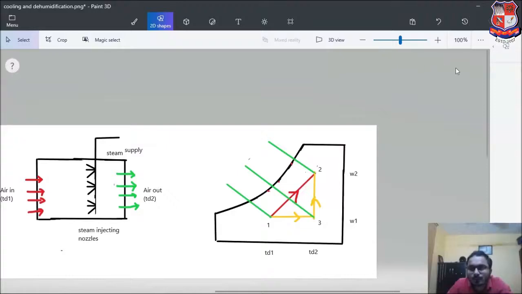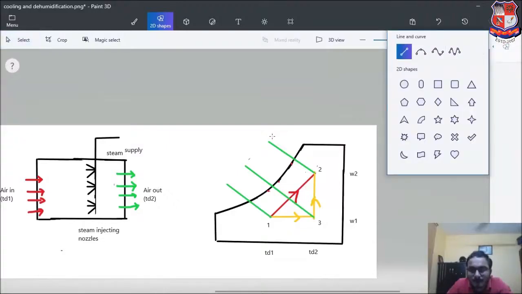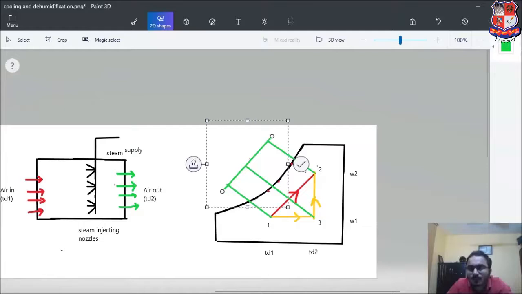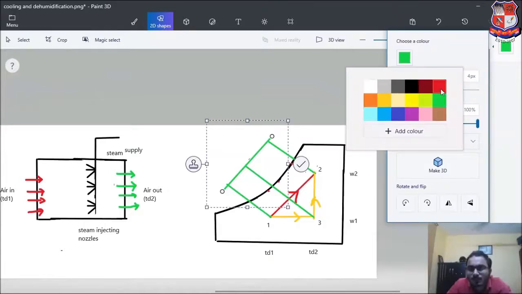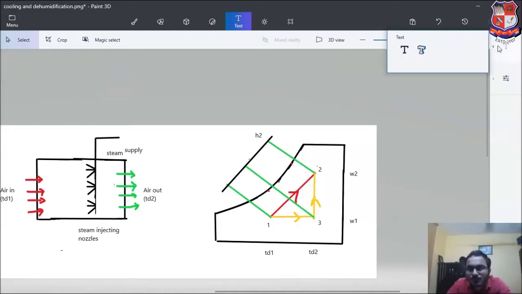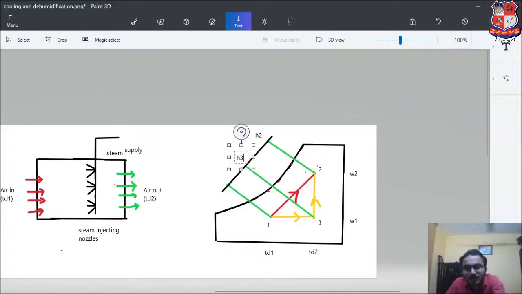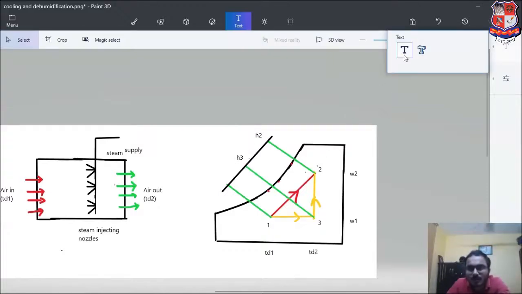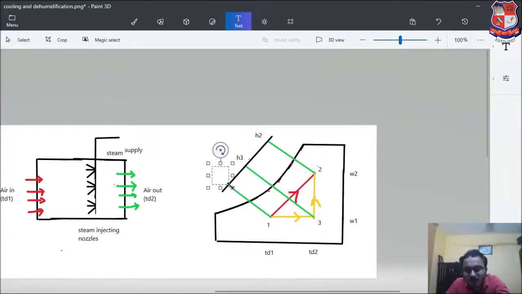So these will be our enthalpy lines, and here we will have H2, this will be H3, and the last one is H1.